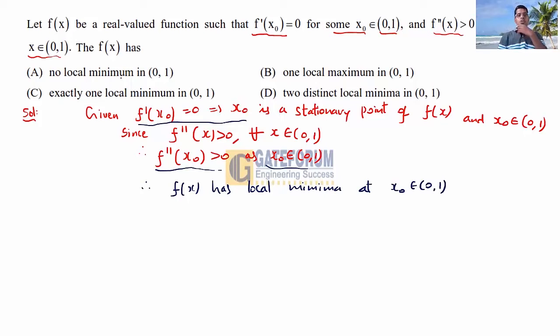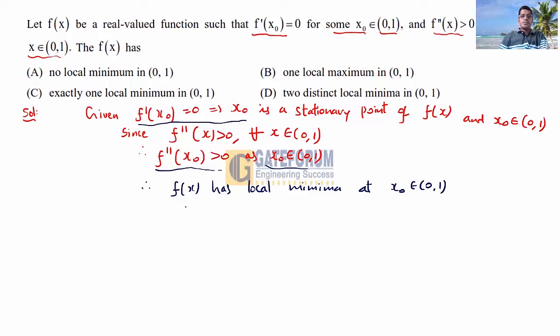So option A, no local minimum, is wrong. Option B, one local maximum in 0 1, is wrong, because according to the condition x naught is a stationary point. Option C, exactly one local minimum, so almost it is correct. Option D, two distinct local minima: we didn't get two stationary points.